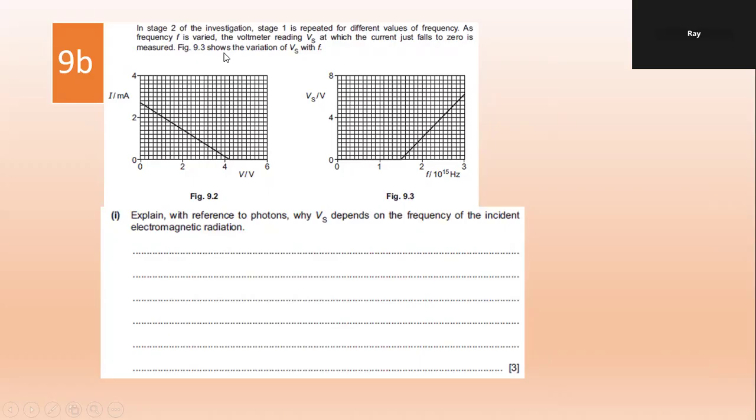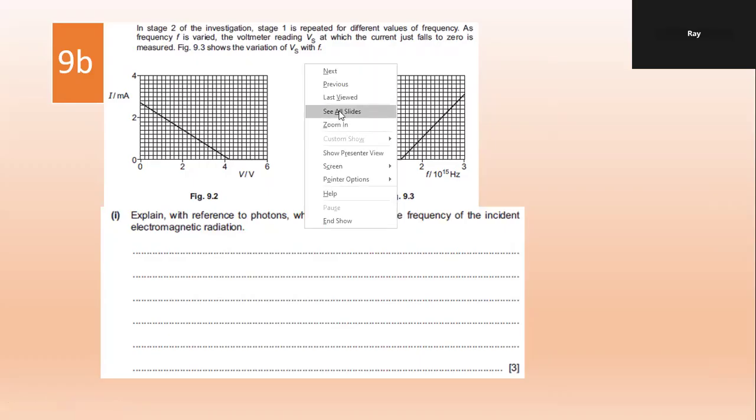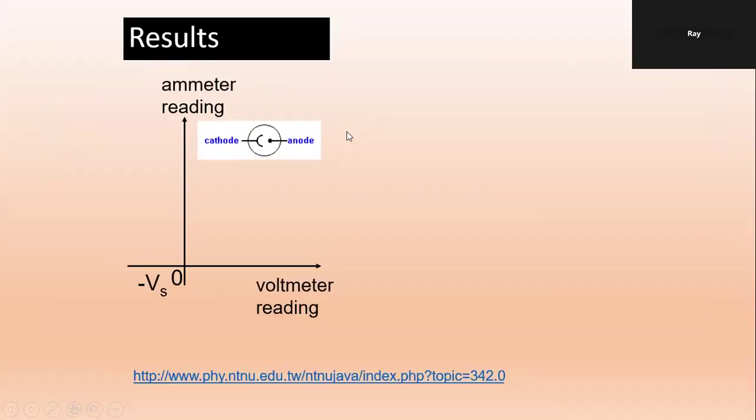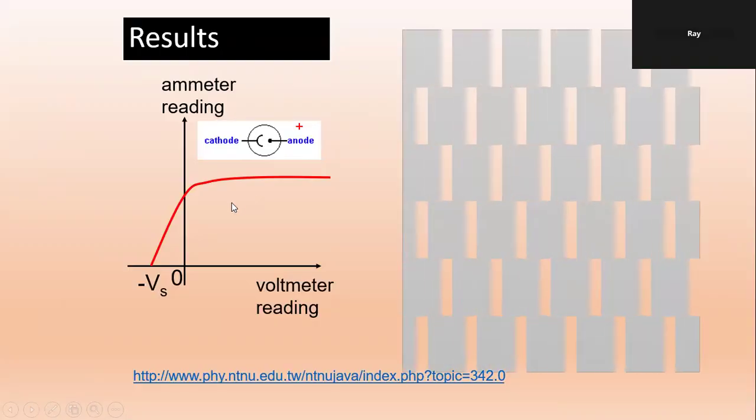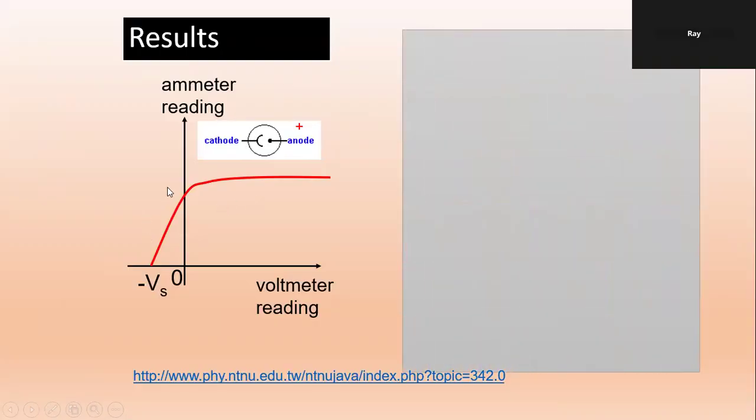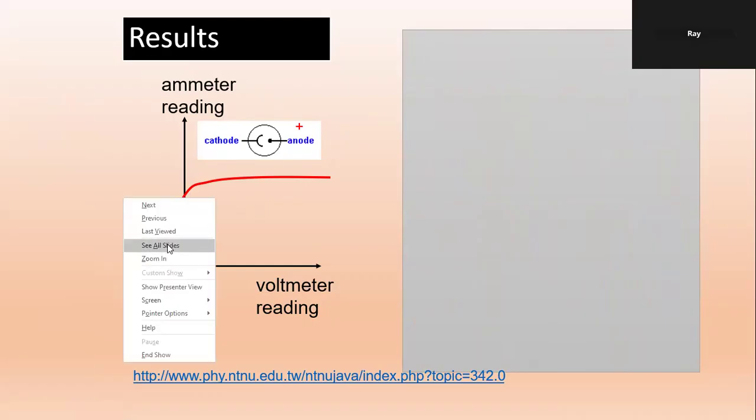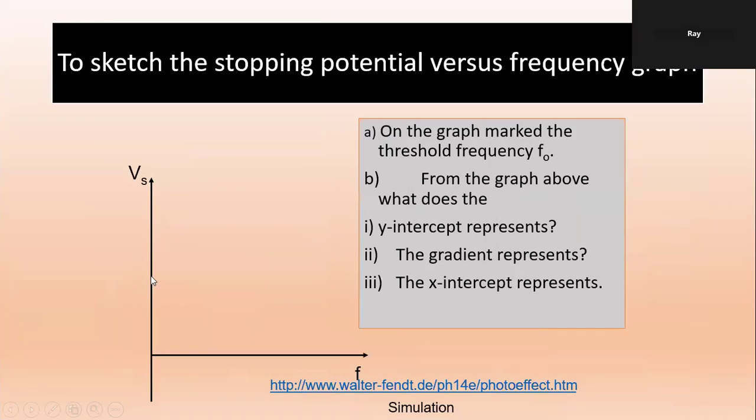Figure 9.3 shows the variation of Vs with f. So to relate to you, we are looking at this part. Except we call it negative, we call it positive. And then we are also looking at this one, where we change the frequency, and then we measure Vs.